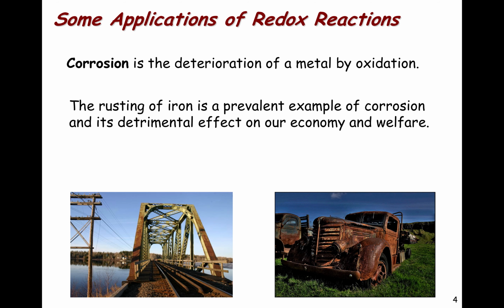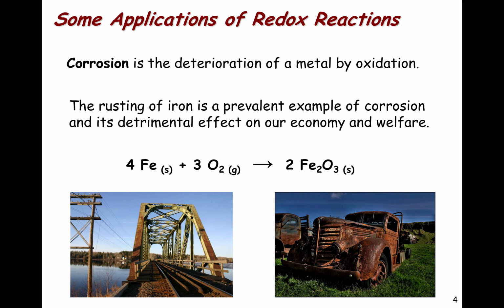We also have a number of naturally occurring redox reactions that are known as corrosion reactions. A classic example of this is the rusting of iron. So in this particular case, iron metal will react with elemental oxygen to form iron 3 oxide as shown here.